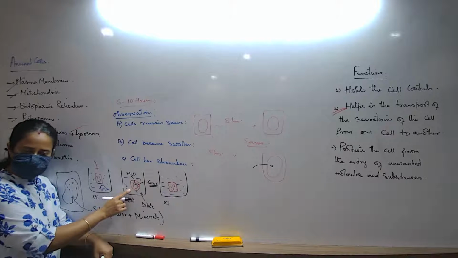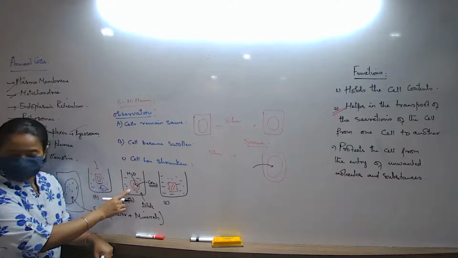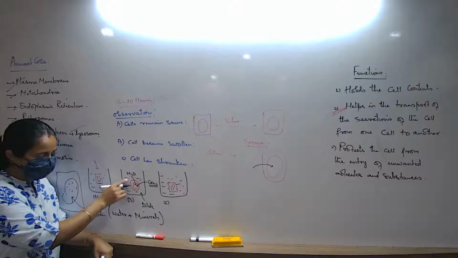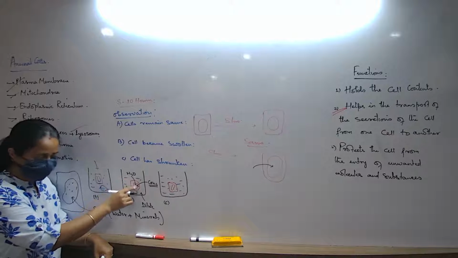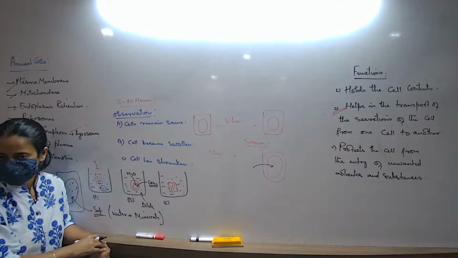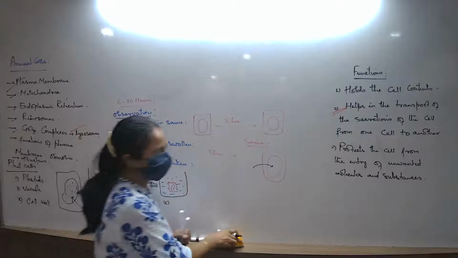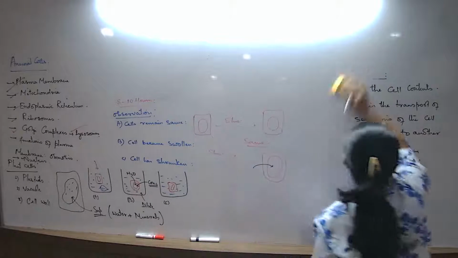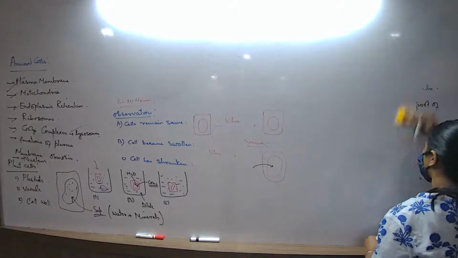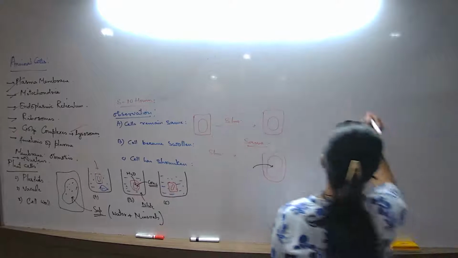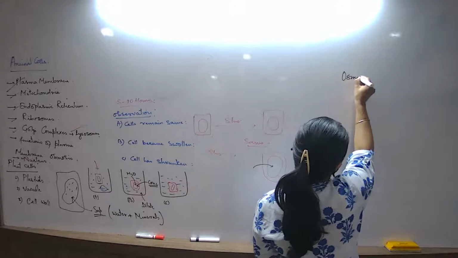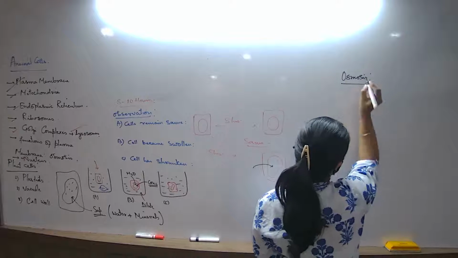So here there is more water, and the water is moving from a region of high concentration to a region of low concentration. So first of all we learn the definition of the word osmosis. Write down. What is osmosis? First we will learn this.